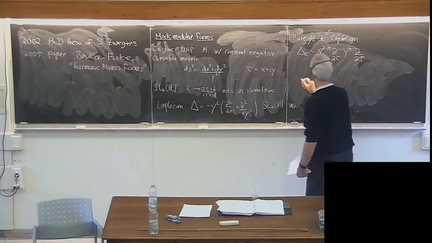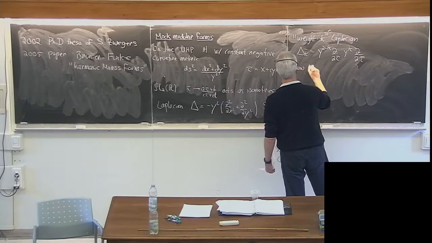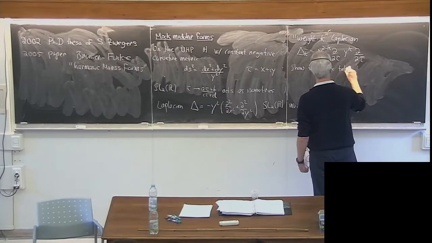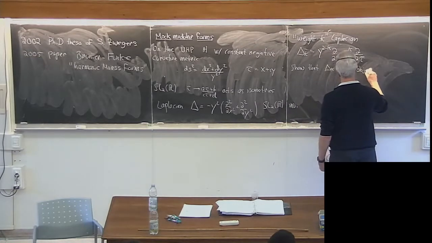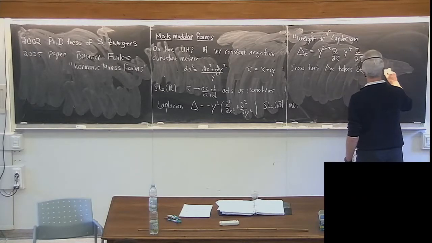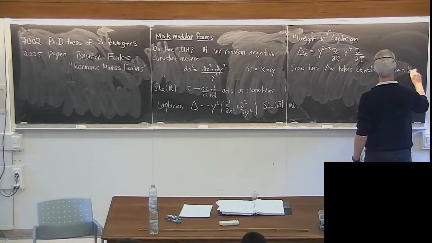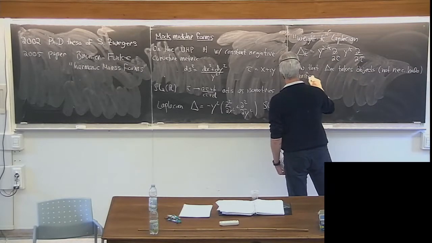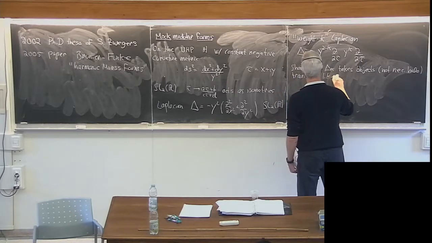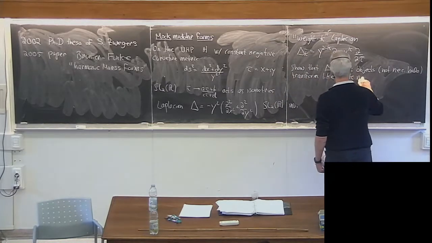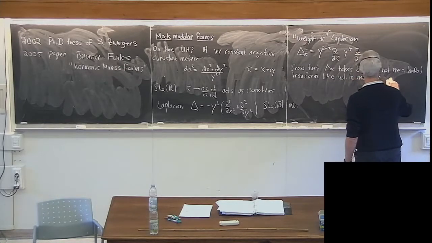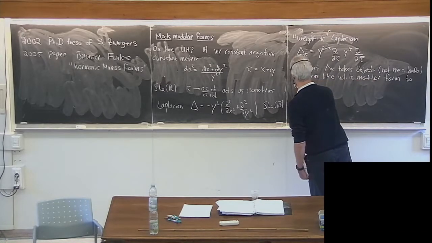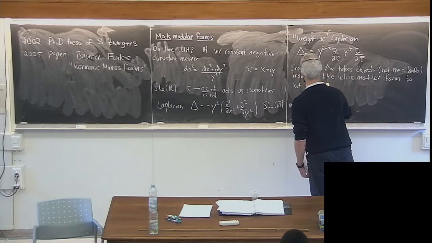And you can show that delta k takes objects that are not necessarily holomorphic, but that transform in the same way as a weight k modular form, to weight k modular objects.